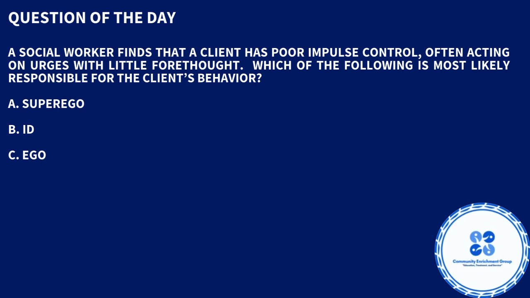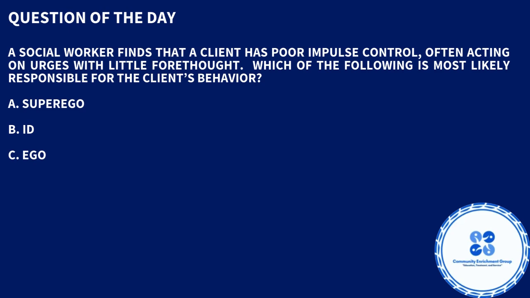So, again, if we look at this question, it asks us to apply it to a client that has poor impulse control. So, would it be A, the superego? There's no reference to a moral conscience, so we can eliminate that one.